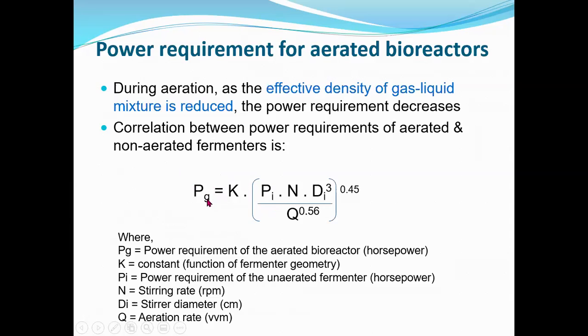So PG, that is, in the case of the aerated bioreactor, is equal to K, a constant, times Pi, which is the requirement of the unaerated bioreactor, times the stirring rate, times the stirrer diameter cubed, divided by the aeration rate raised to the power 0.56, the whole raised to the power 0.45.